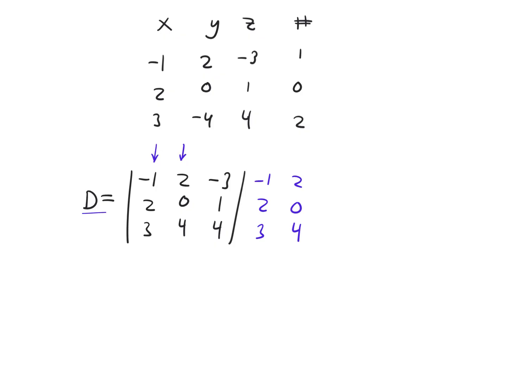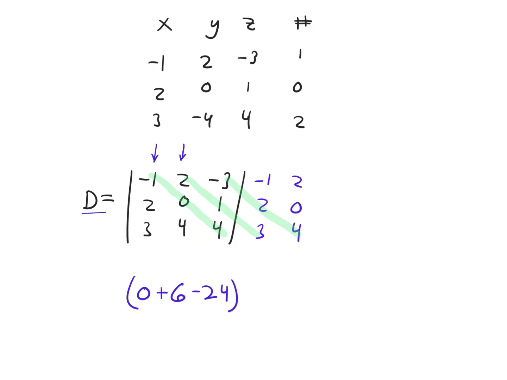Same exact way that we did before, so I'm going to go across the major diagonals. And then I'm going to find that number. We're going to do -1 times 0 times 4 is 0. Plus 2 times 1 times 3 gets you 6. And then -3 times 2 times 4 should get you -24.